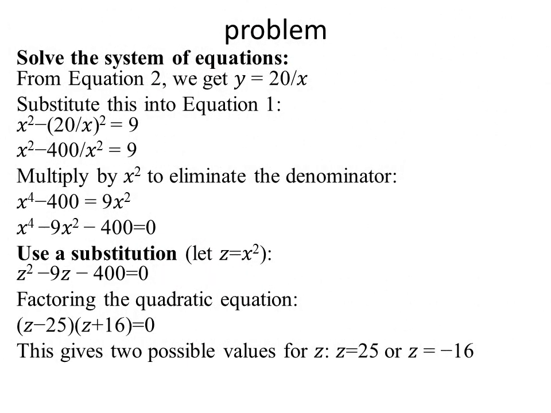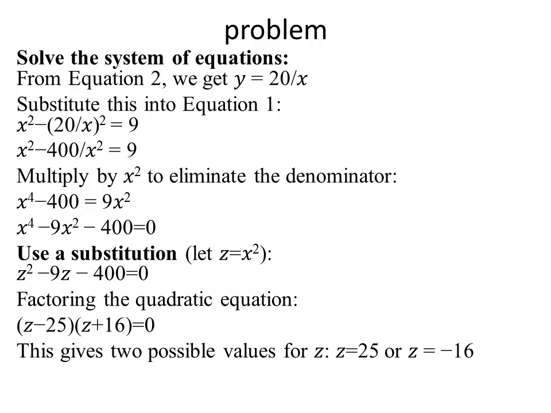After that we solve the system of equations. From equation 2 we get y is equal to 20 by x. Substituting this into equation 1, we get x square minus 20 by x whole square is equal to 9. That is x square minus 400 by x square is equal to 9.